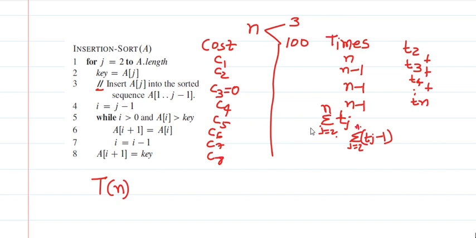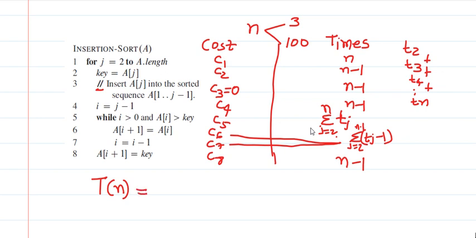The same is true with respect to this while loop, so we can write it like this, and the same is true for statement 7 also. So this will work for 6 as well as 7. And the last statement, again inside my main for loop, will be executed exactly n minus 1 times.